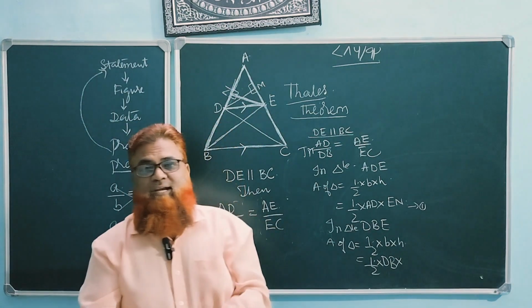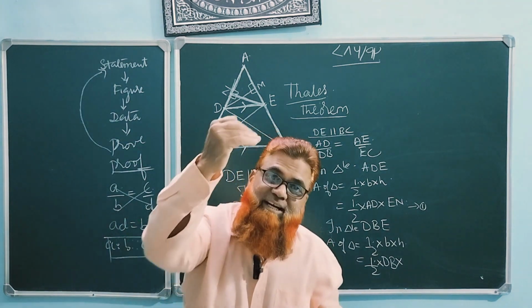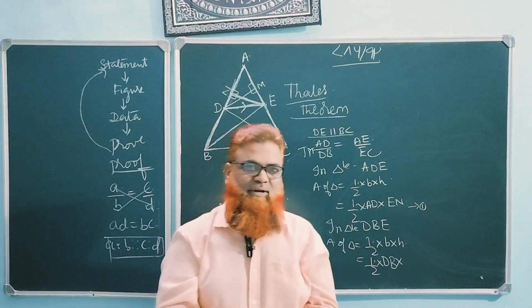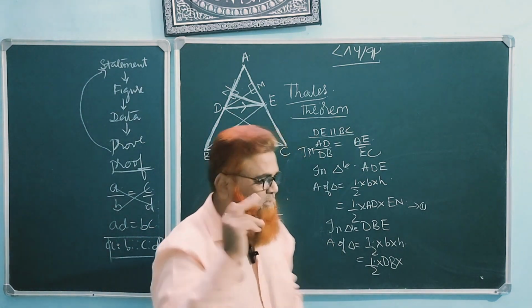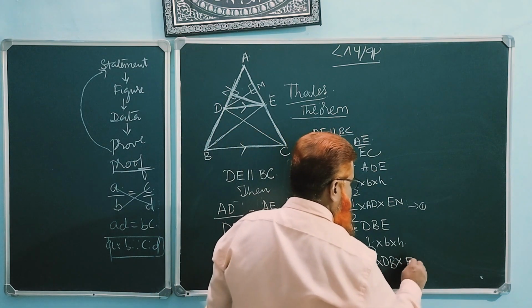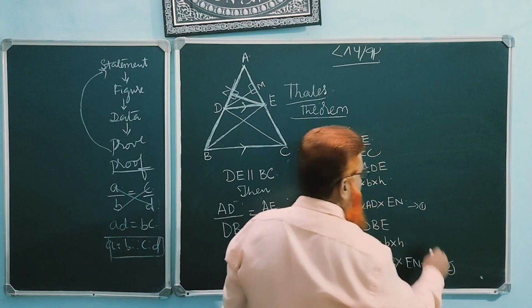But the height of ADE falls inside, while the height of DBE falls outside the figure. You have to give the reason for that. In my next video, inshallah, I will tell you the reason. Okay. Now half into DB into EN, it is a height. Now call this equation 2.